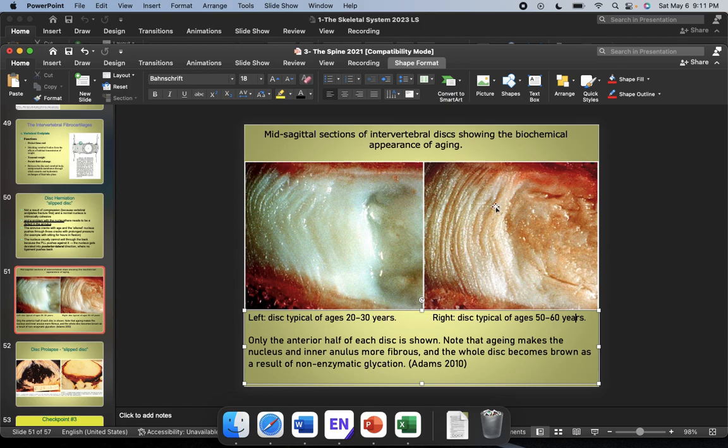You can see how the disc begins to degenerate. The other thing is it becomes a little off-colored, a little brown, as a result of non-enzymatic glycation. So just over time, the disc itself begins to break down. And that finishes this video on the intervertebral discs.